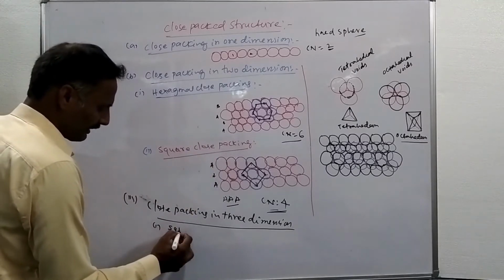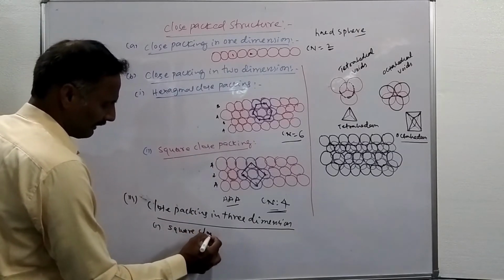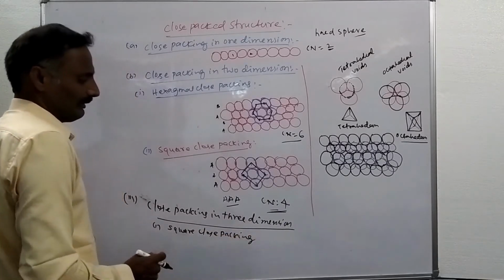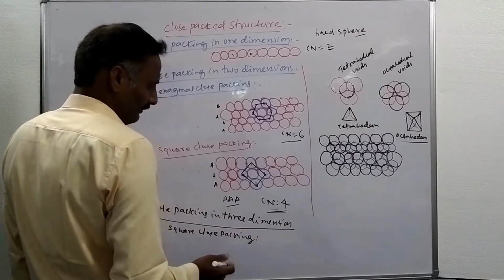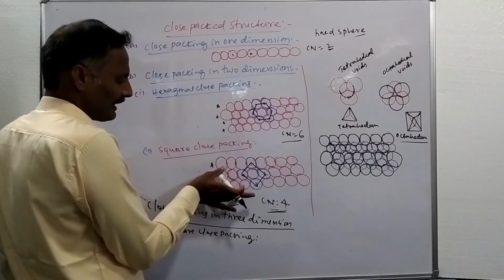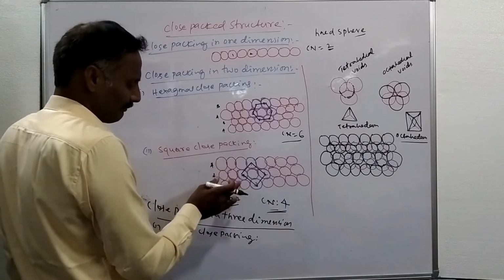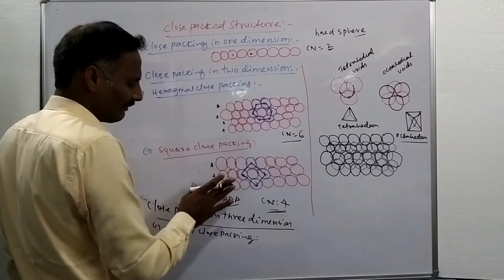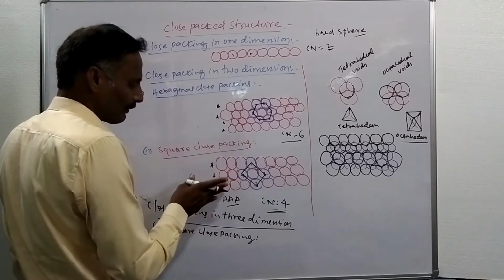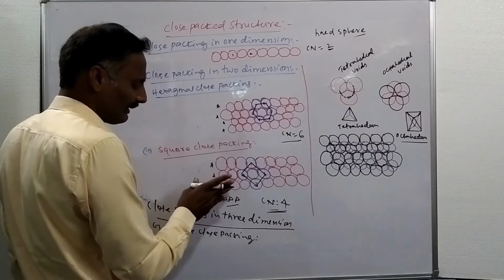By using square close packing to generate a 3-dimensional structure, this is called one layer. Then a similar second layer is placed on the first layer in such a way that the second layer particles and first layer particles are exactly aligned both vertically as well as horizontally.